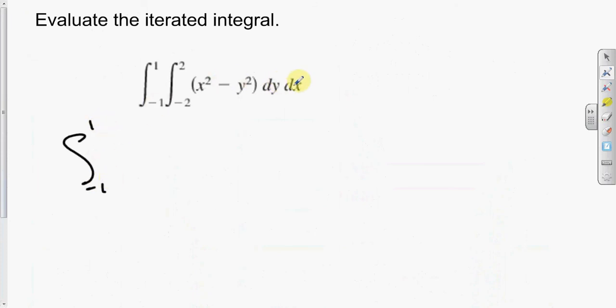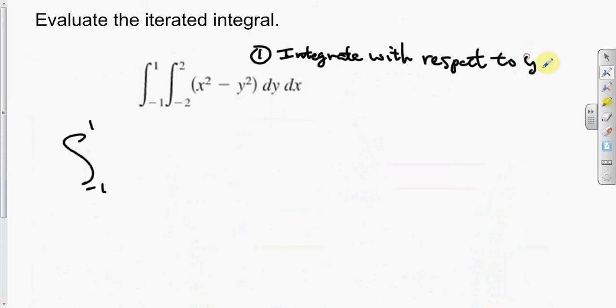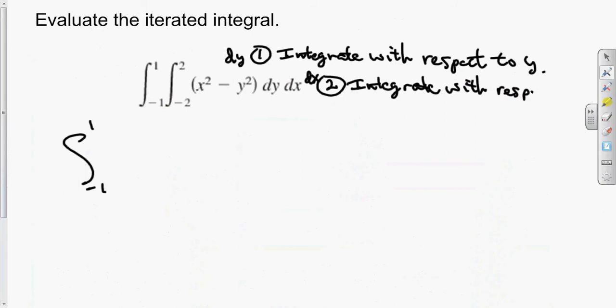Since this is dy dx, first I integrate with respect to y, and then after that, for the dx, I integrate with respect to x.